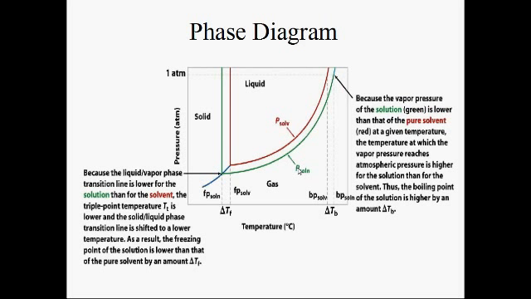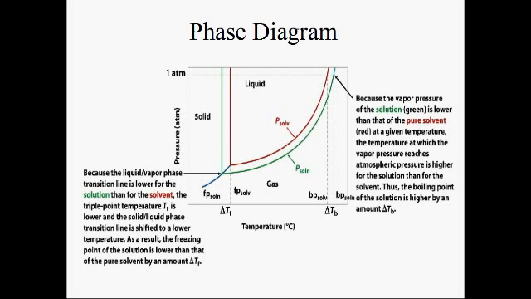For boiling point elevation and freezing point depression, we can show this with a phase diagram. Starting with vapor pressure lowering, as we add a non-volatile solute to a solvent, the vapor pressure is decreased.